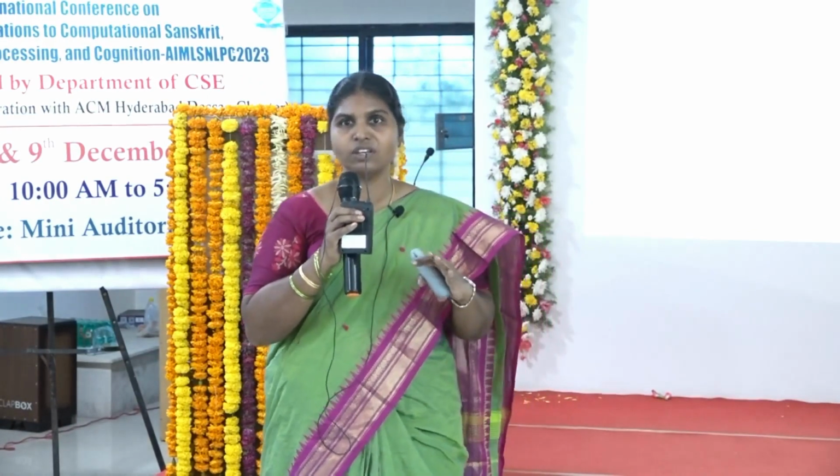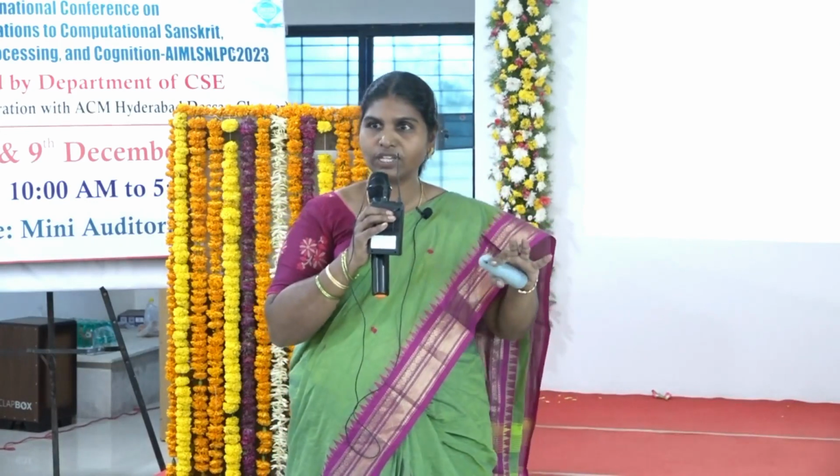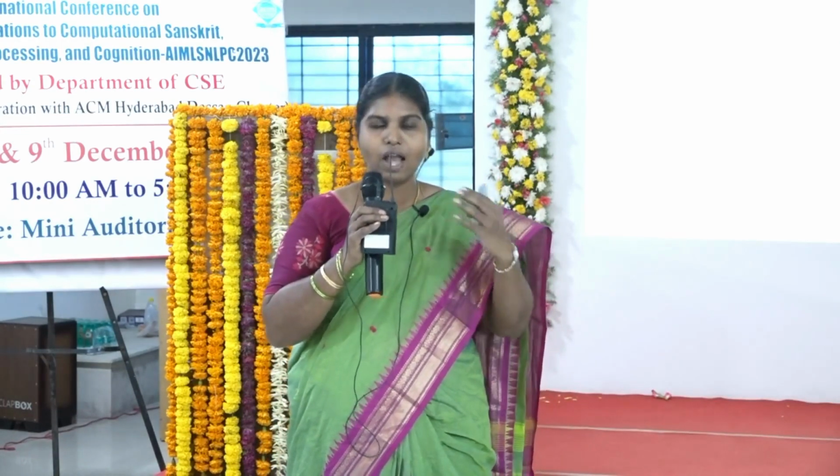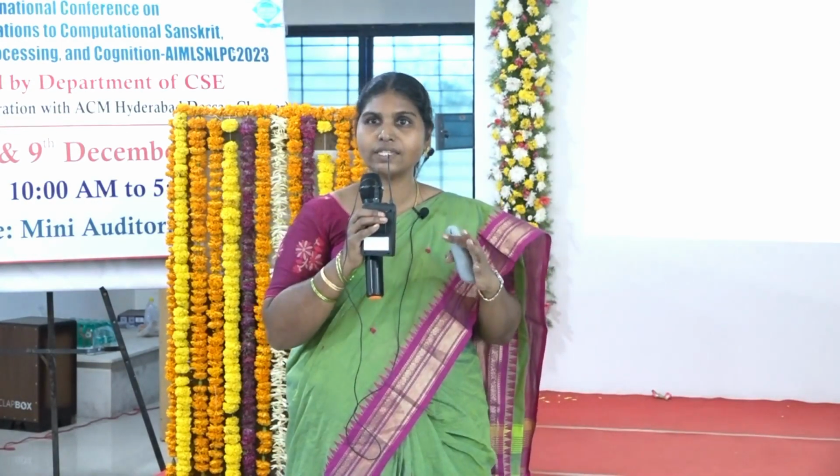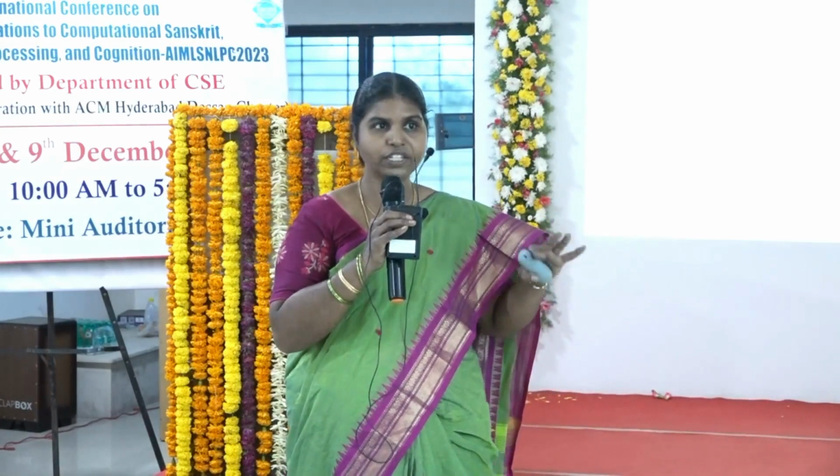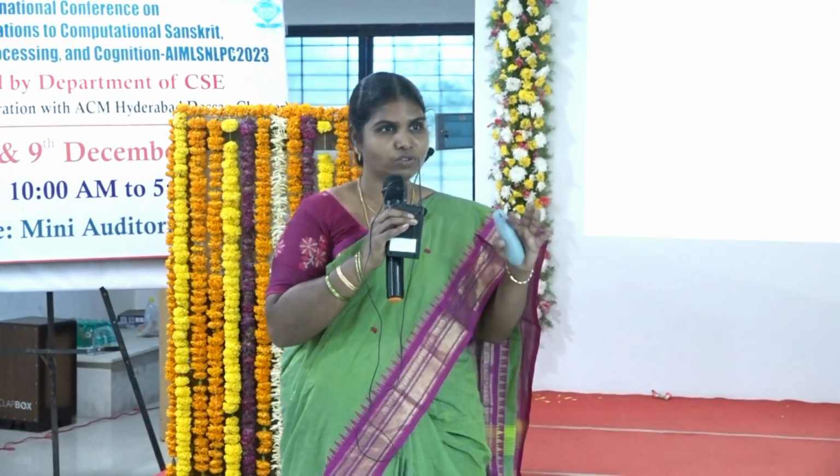True negative is, of the total negative cases, how many our model has correctly predicted as negative. So true positive plus true negative, divided by the total, gives the accuracy.